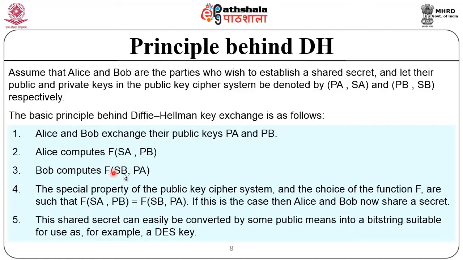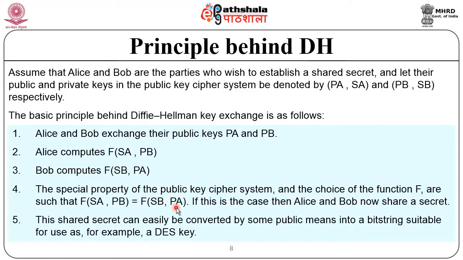Similarly, Bob does at the other end: he will get the PA, that is the public information of Alice, and SB, that is secretly stored by Bob, and it is also going to give the third output. So, this special property of the public key crypto system, the choice of functions is such that f of SA, PB, computed at Alice's side, is equal to f of SB, PA.